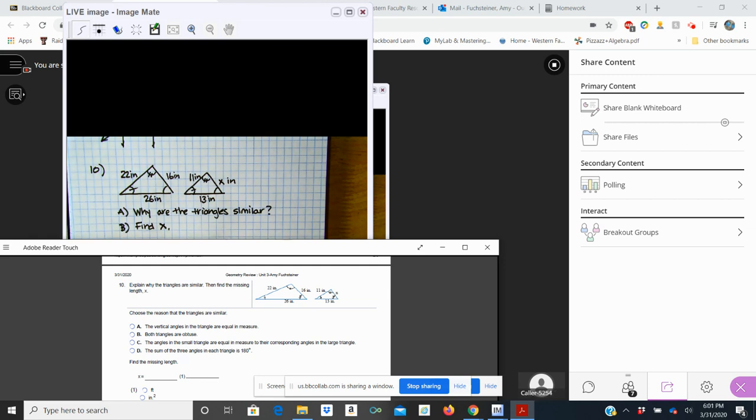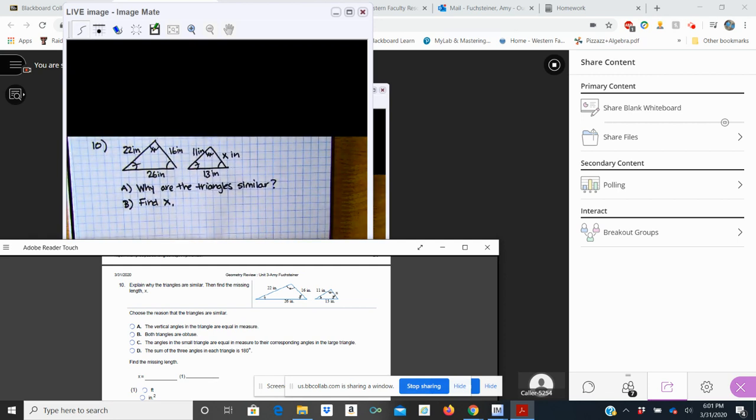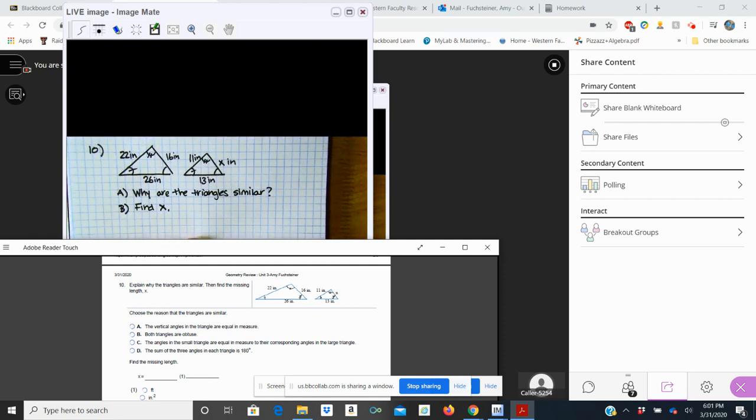All right. So problem number 10 is, your numbers may not be the same as mine, but I have two triangles here, and they ask, why are the triangles similar?